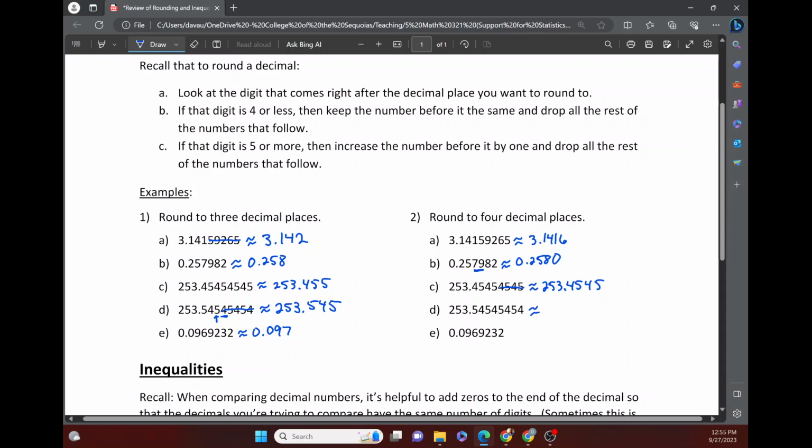Okay, so this would be 253.5455. And then finally part E, 1, 2, 3, 4. The digit that comes after this is a 2, so I'm just going to drop those digits, and this is going to be 0.0969. Okay, so this is how rounding works.